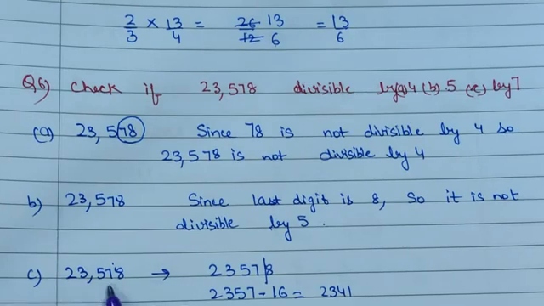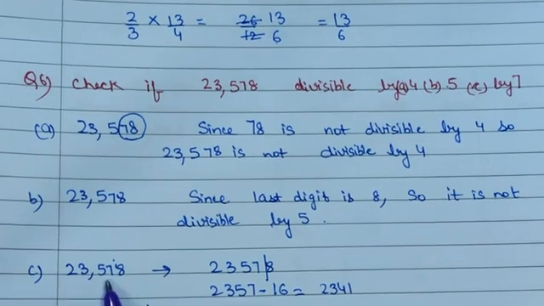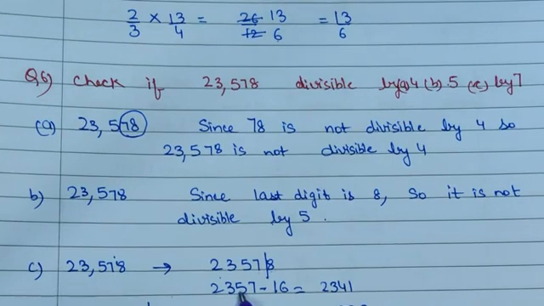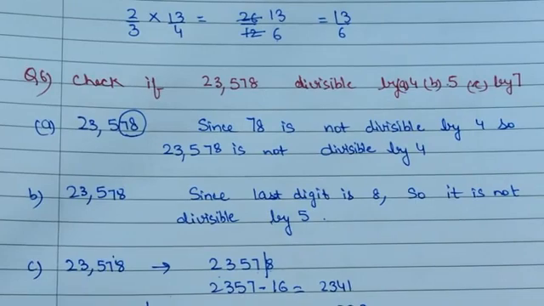Here we have to check the divisibility by 7. For 7, we separate the last digit from the whole number, multiply it by 2 and subtract it from the remaining number. That is 2357 minus 8 into 2, which is 16. Now we get 2341. Now again let us separate the last digit, multiply it by 2, and subtract it from 234. We get 232.